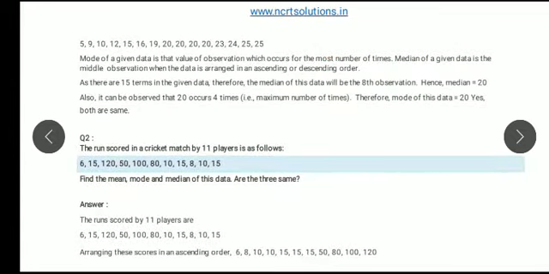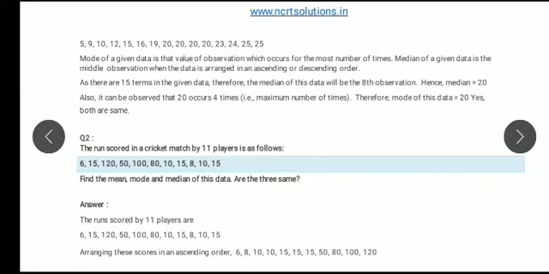Now the mode of a given data is that value of observation which occurs the most number of times. The median of a given data is the middle observation when the data is arranged in ascending or descending order. So mode: from this list, which number is coming the maximum number of times? 20.